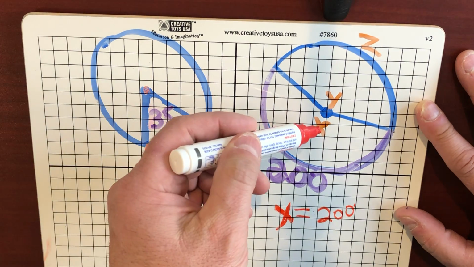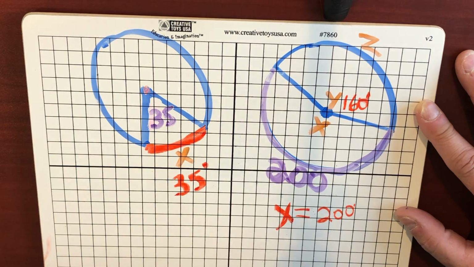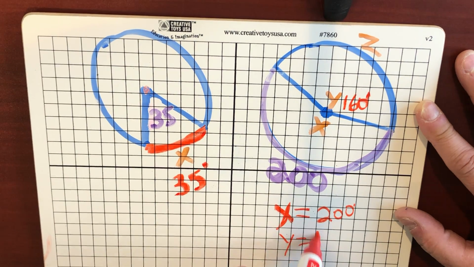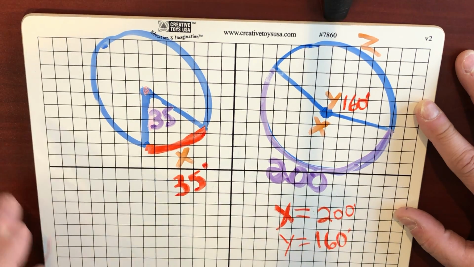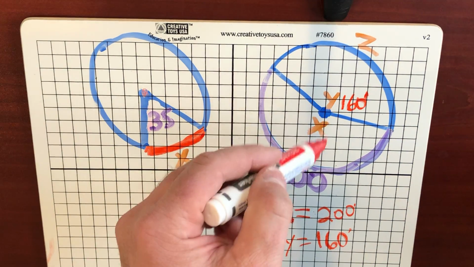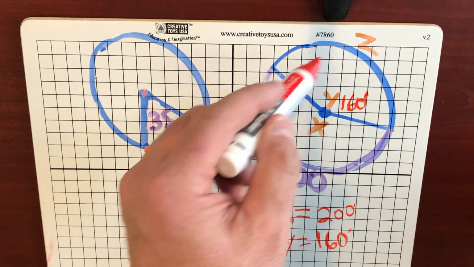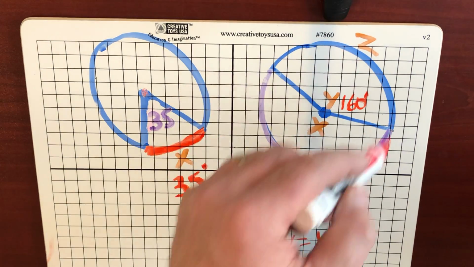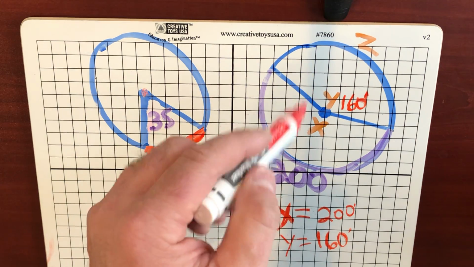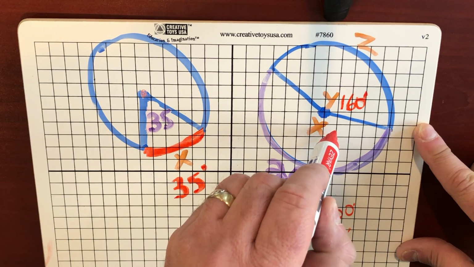So if x is 200, y has to be 160 degrees. The reason is that those two angles are both central angles, and they make up the whole circle, since those are the only two angles in the whole circle. So x is 200 degrees.